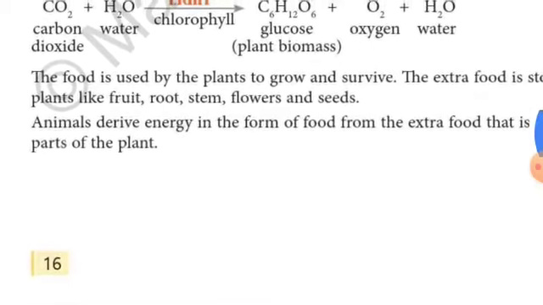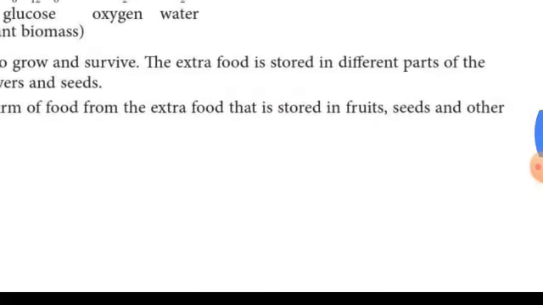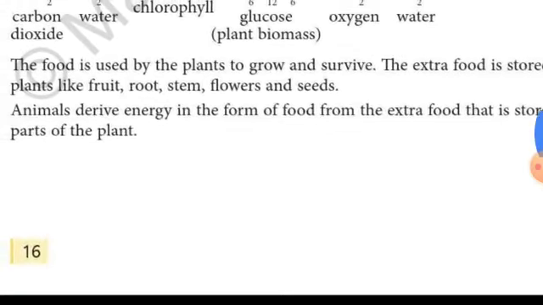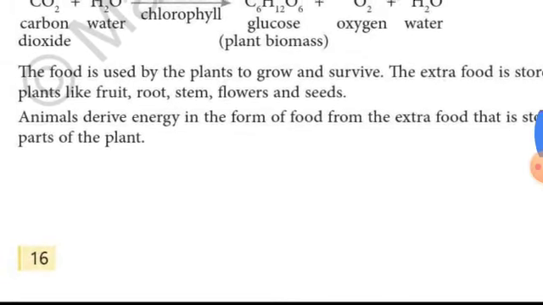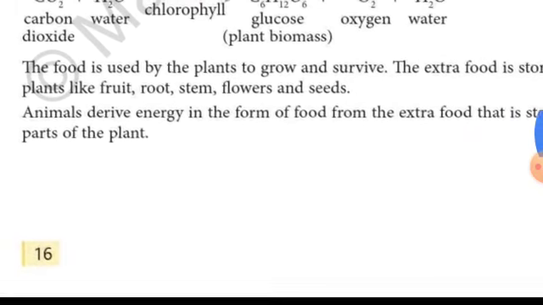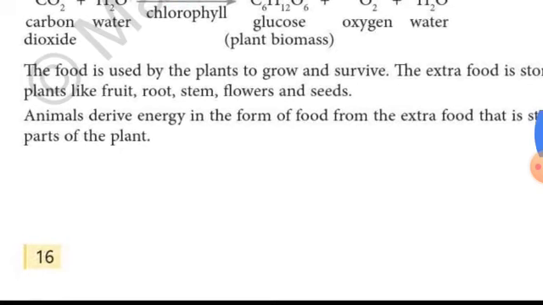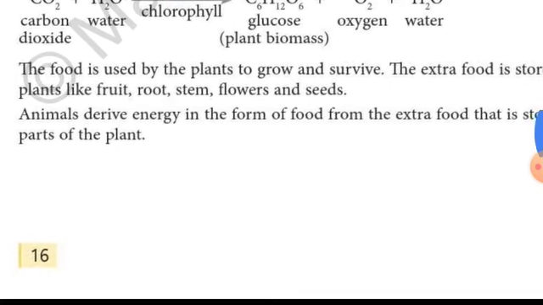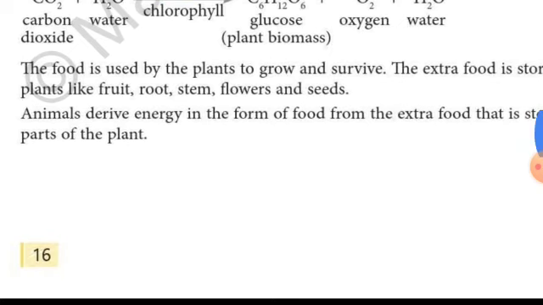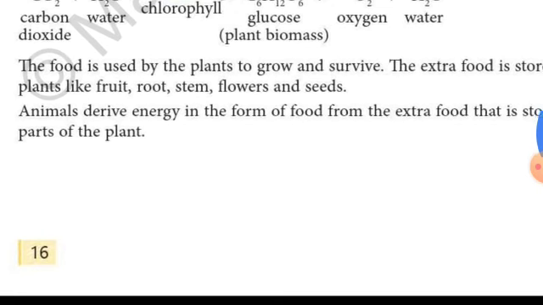Animals derive energy in the form of food from the extra food stored in fruits, seeds, and other parts of the plant. Glucose is a simple carbohydrate made of three elements, that is carbon, hydrogen, and oxygen. Plants use glucose to make many other foods such as starch, oil, proteins, and vitamins.